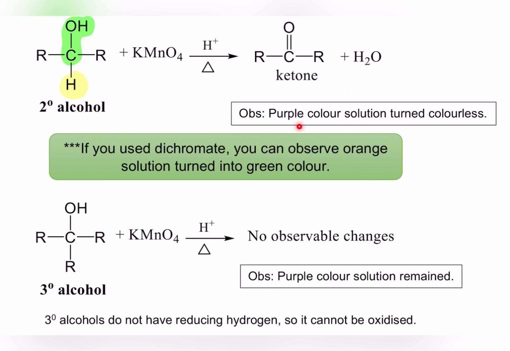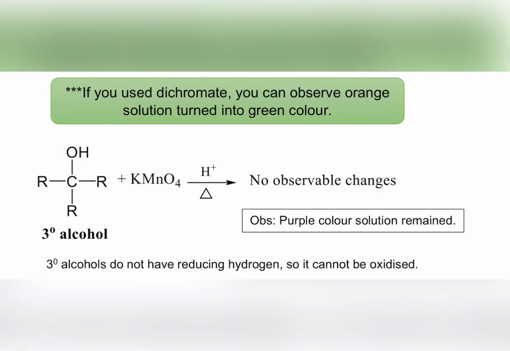So the observation is still the same, purple color solution turns colorless. I want you to understand here, if you use dichromate, Cr2O7 2-, you can observe the color change from orange solution into green color. So it depends on you. Usually I will always use potassium permanganate because it's much more common for you.